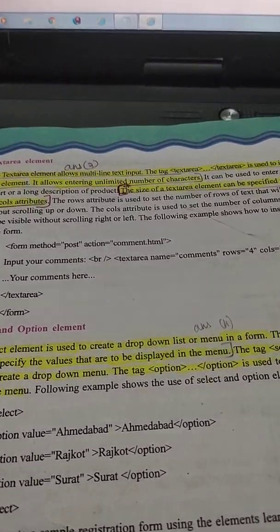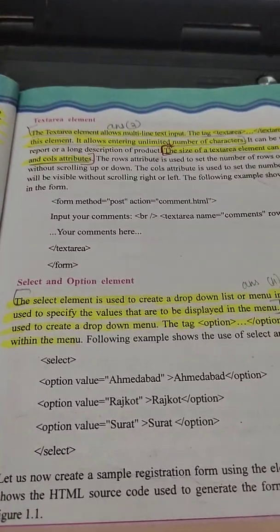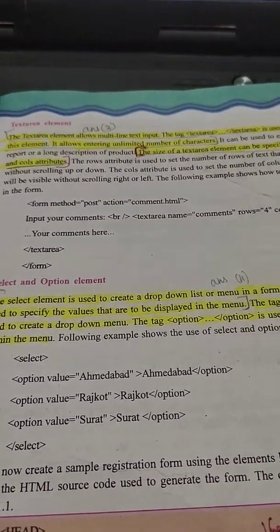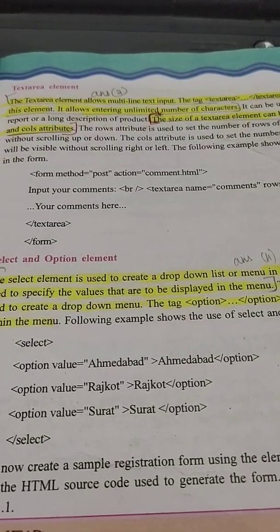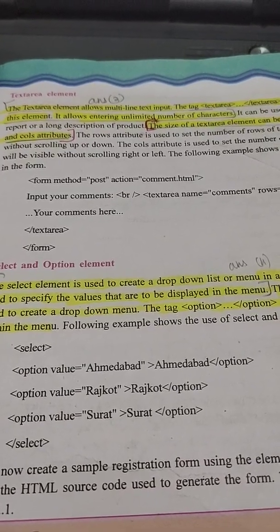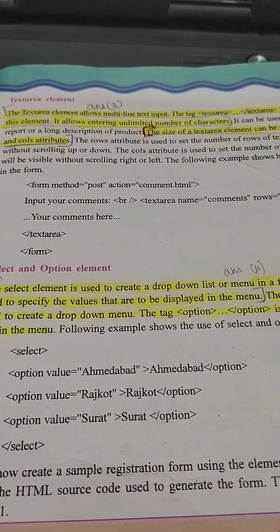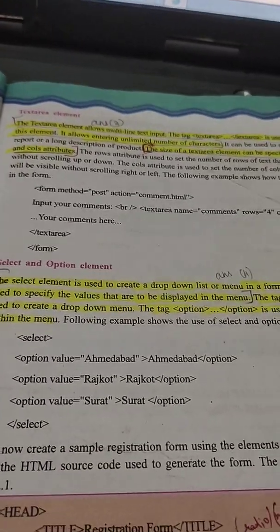Then it comes to the select and option element. The select element is used to create a drop down list or menu in a form. Select and option, I told you: select is the thing which we are selecting, and options are the choices given, like yes or no, right, wrong. All this comes in options.